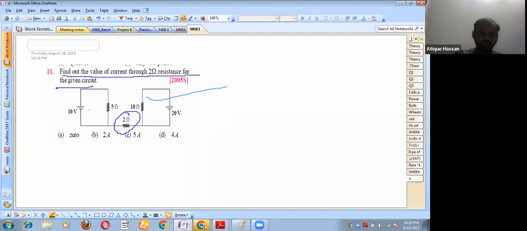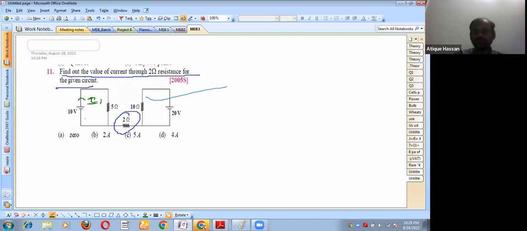Now see, what is the property of a cell? We have a basic idea of a cell. Otherwise, I will teach you the loop rule and combination of cells in the next class. But you have this basic idea which I am going to explain. Suppose current through this circuit is I1.